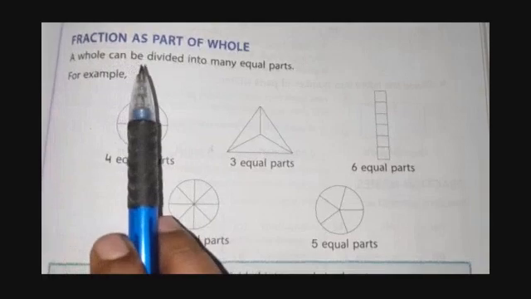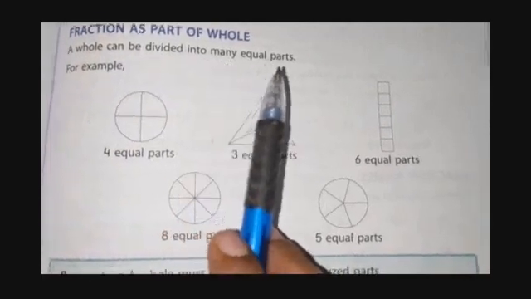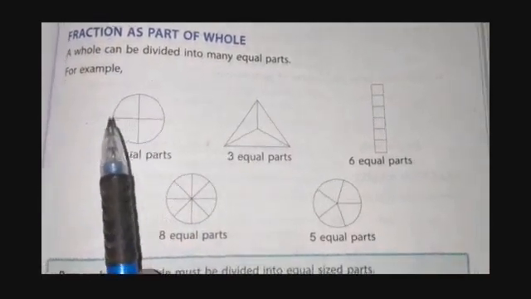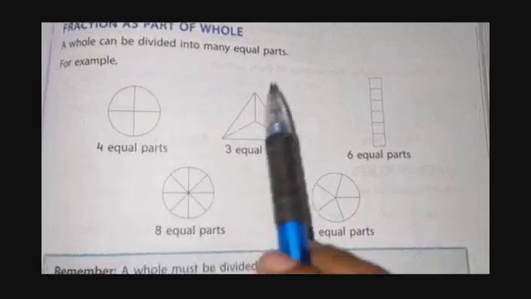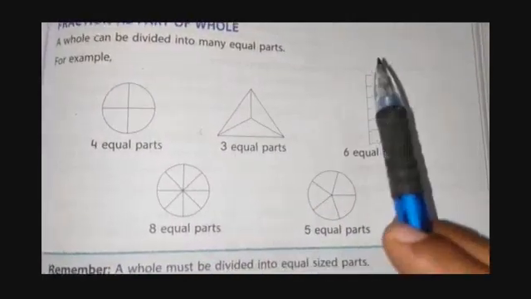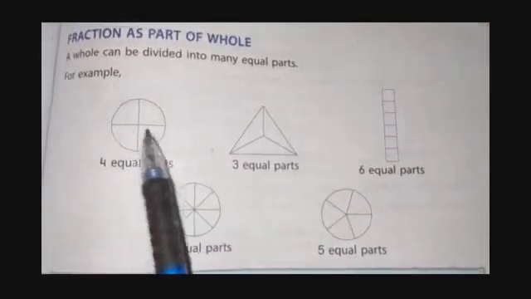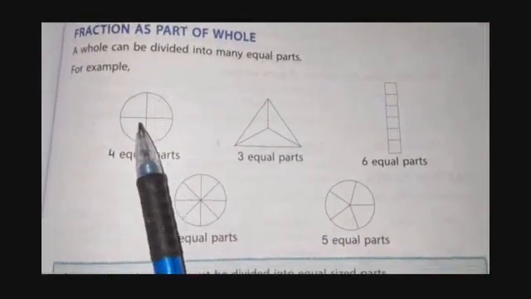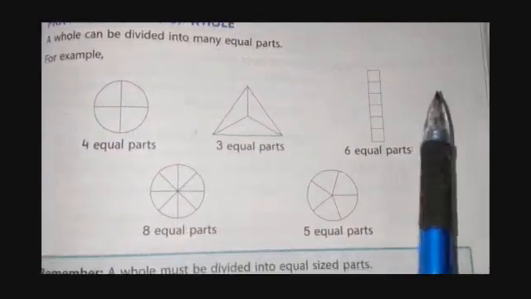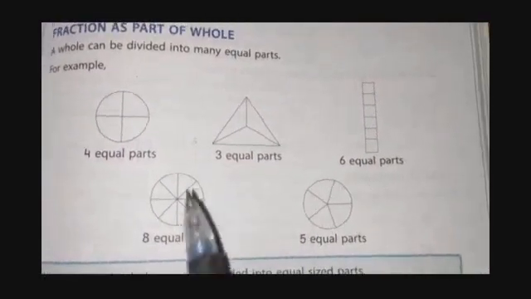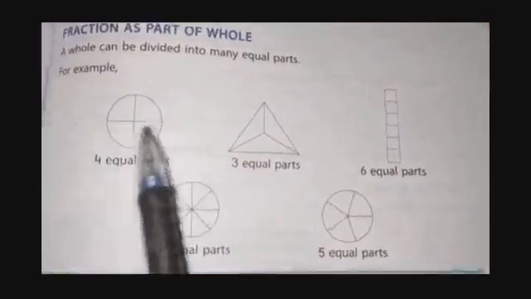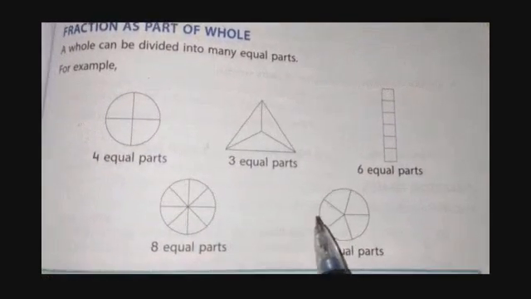A whole can be divided into many equal parts. Here you can see many shapes, and what is common in these shapes?